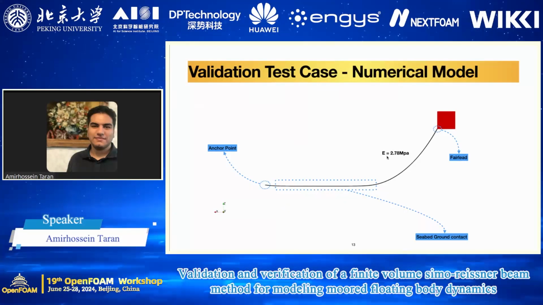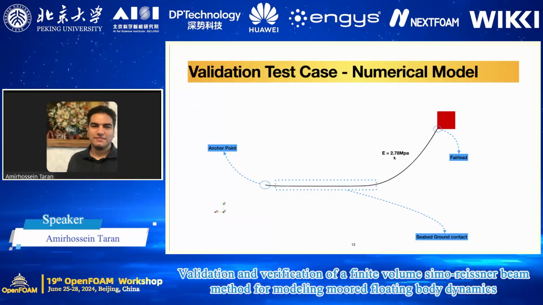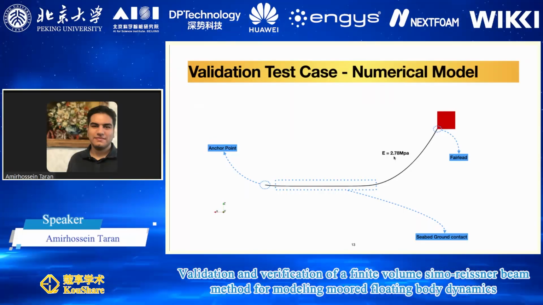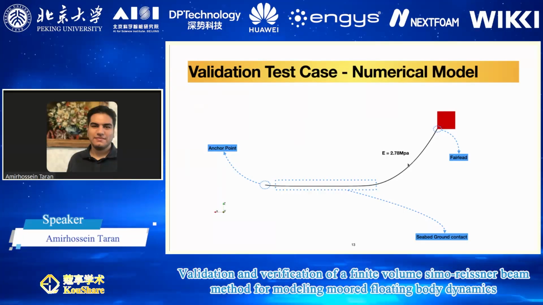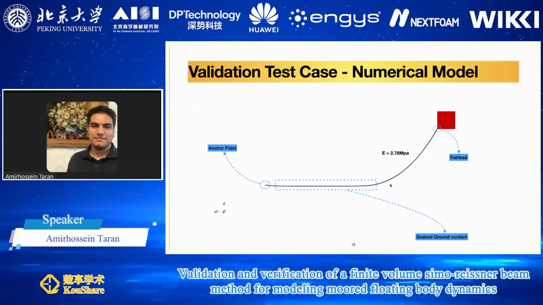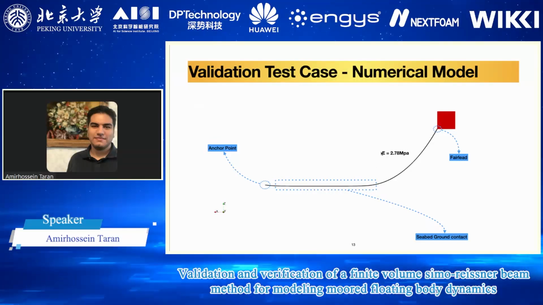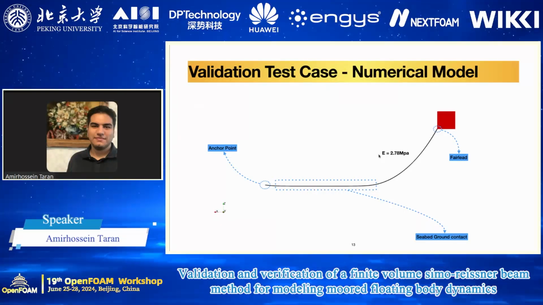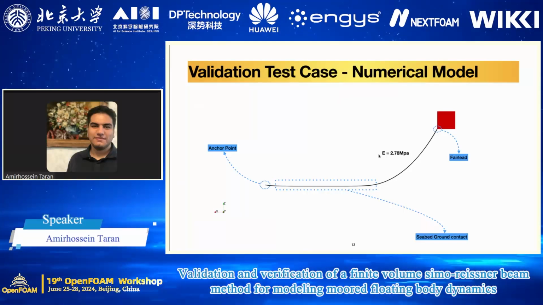The other thing is that, as I said on the previous slide, the mooring line is an iron chain. If you have an estimate of the Young's modulus for an iron chain, it's on the order of gigapascals. But since we are not replicating the exact experiment, which I will discuss in the next slide, we have to calibrate.